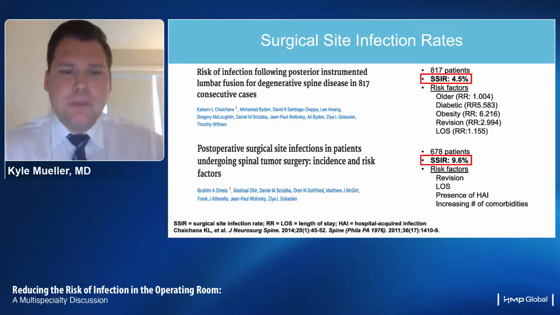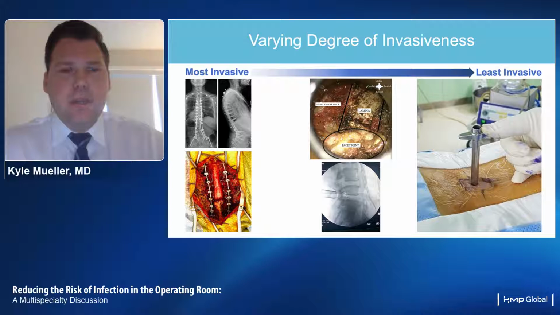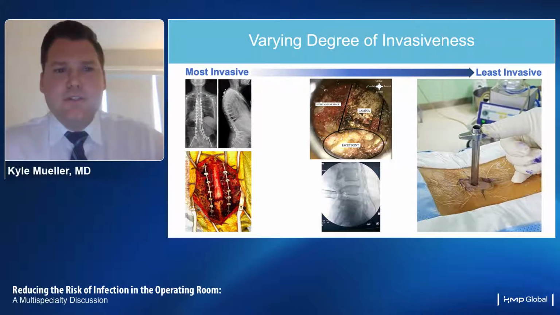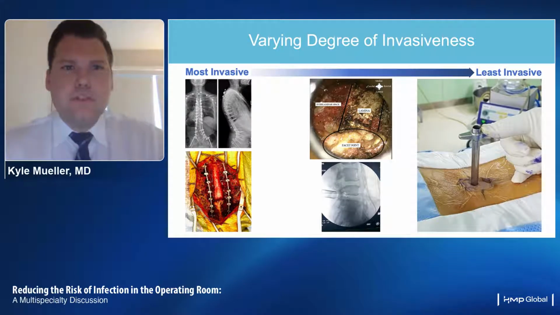On top of that, there's been an evolution in minimally invasive techniques. And so the traditional midline open surgeries, though still performed, now we're being able to better perform these surgeries while achieving the same goals using less invasive techniques.